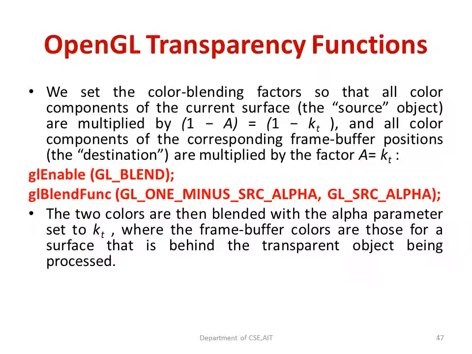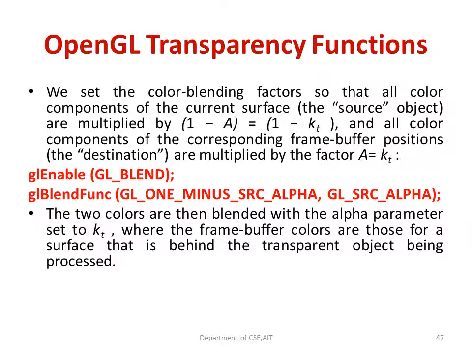You have to set some alpha value, go for 1 minus that A, and then multiply it. Whether you want addition or subtraction, all these things you can give in your blending function. So the current surface will be blended. All the color components of the current surface will be multiplied and transferred into your frame buffer position.